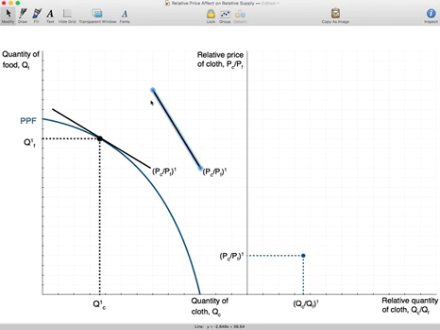So I'm going to have a line that is steeper than the original line. So here is the new price ratio, and it is steeper to reflect the fact that we have an increase in the price of cloth. So this line is going to have a much greater slope. So let me bring this in so it is just tangent to the Production Possibilities Frontier.